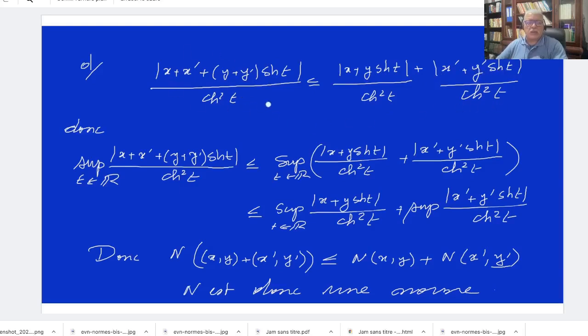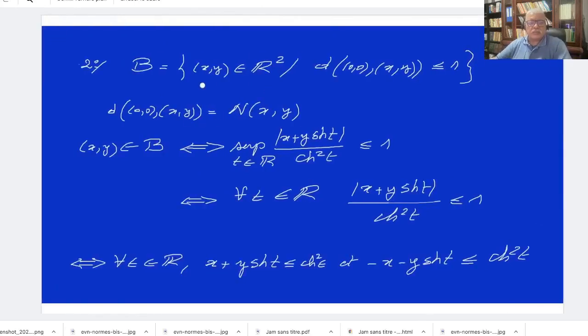Thus, the sup of the first member, when t ranges over R, is bounded by the sup of this sum when t ranges over R. But the sup of the sum is bounded by the sum of the sups, which gives exactly the triangular inequality.